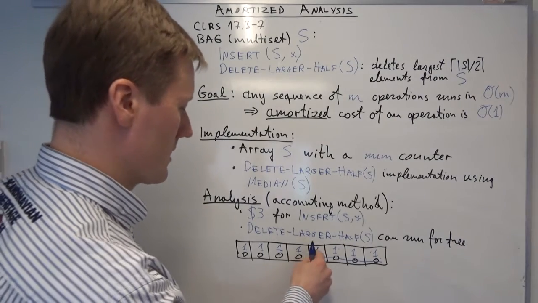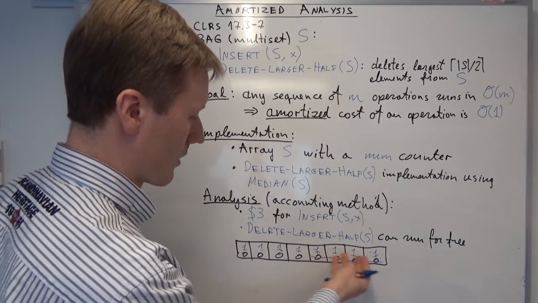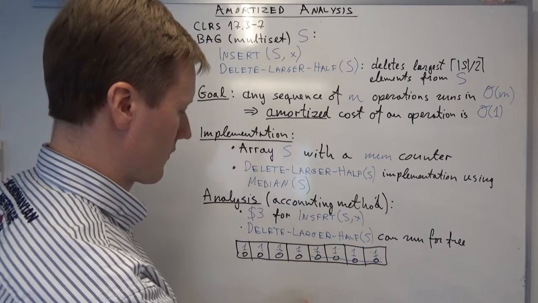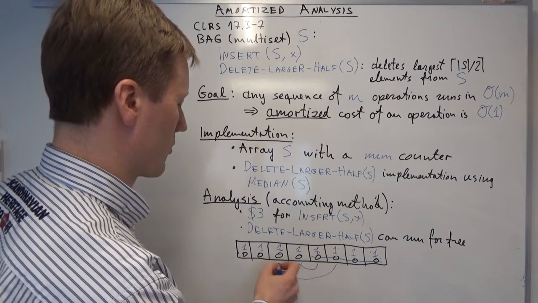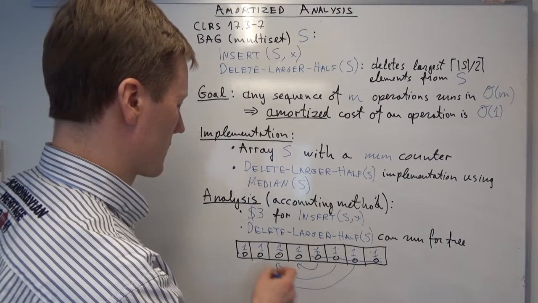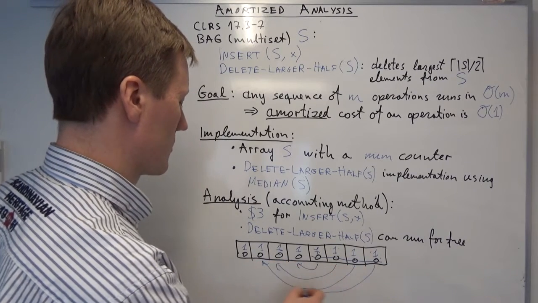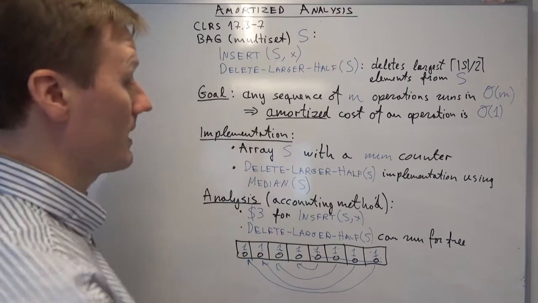And then instead of just throwing this money away for the removed elements, we take all the dollars from these elements and put them into the accounts of their friends remaining in the array.